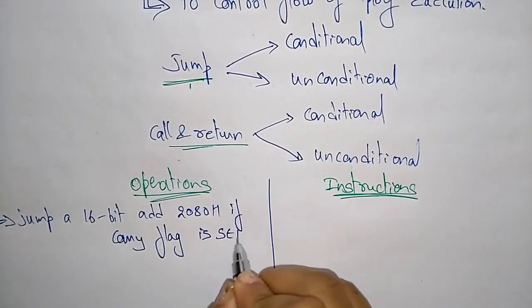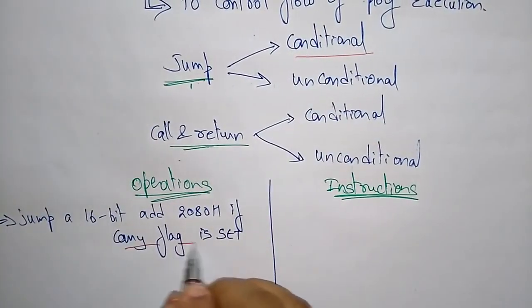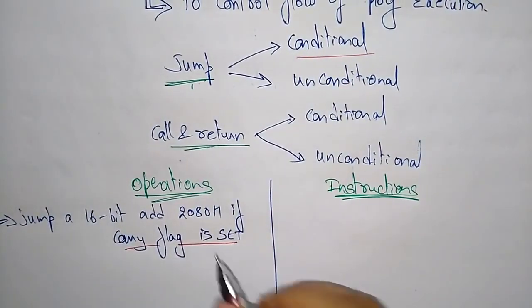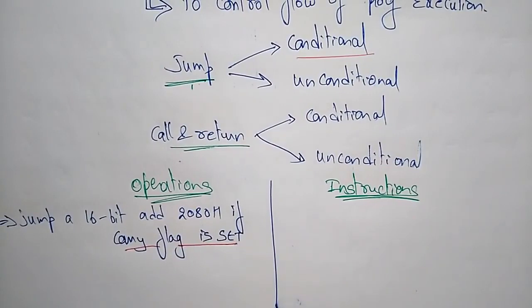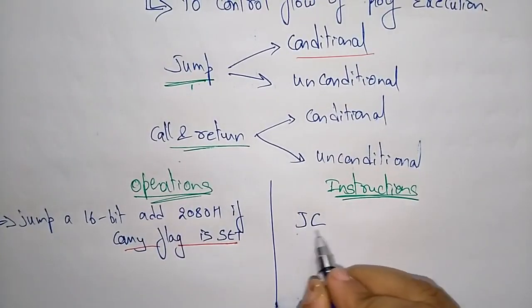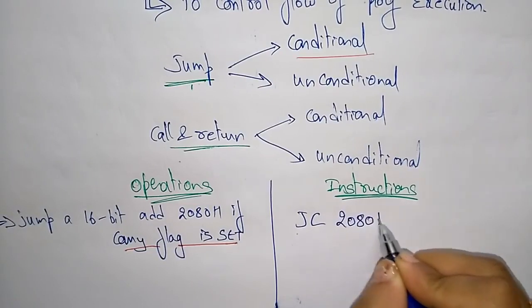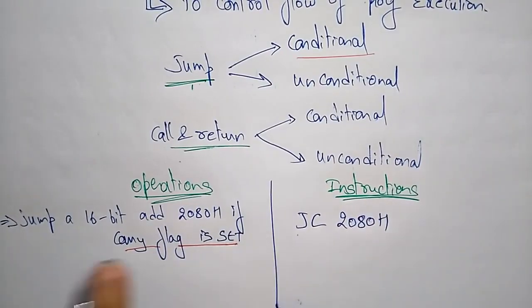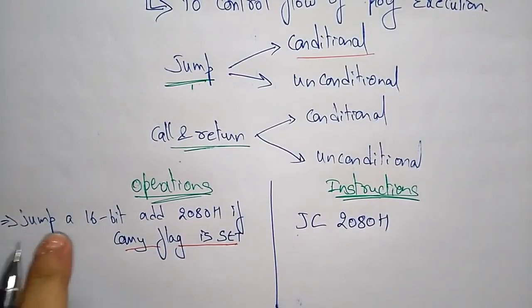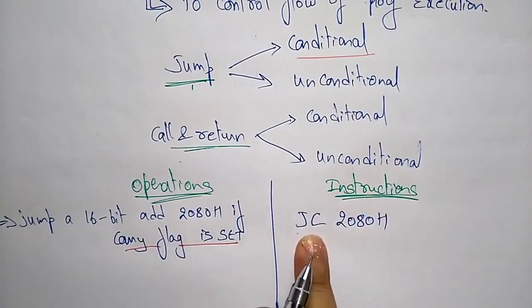Here a condition is mentioned. This is called a conditional jump. Whenever it is a conditional jump, you have to write JC, meaning jump if carry to 2080H. So this is the instruction for this particular operation.